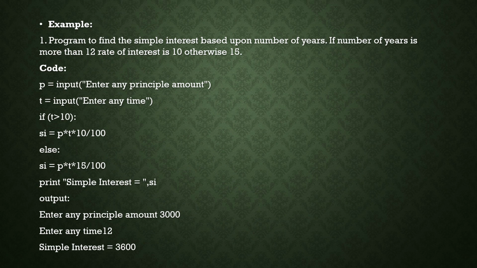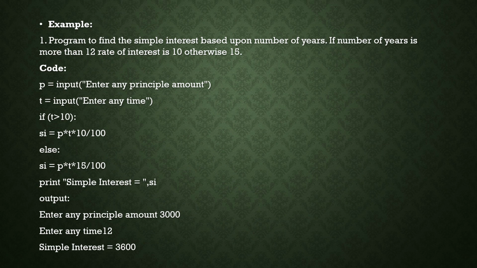If it is more than 12 years, then it should be 10%. If it is less than 12 years, then automatically it will be 15. Rate of interest is 15.